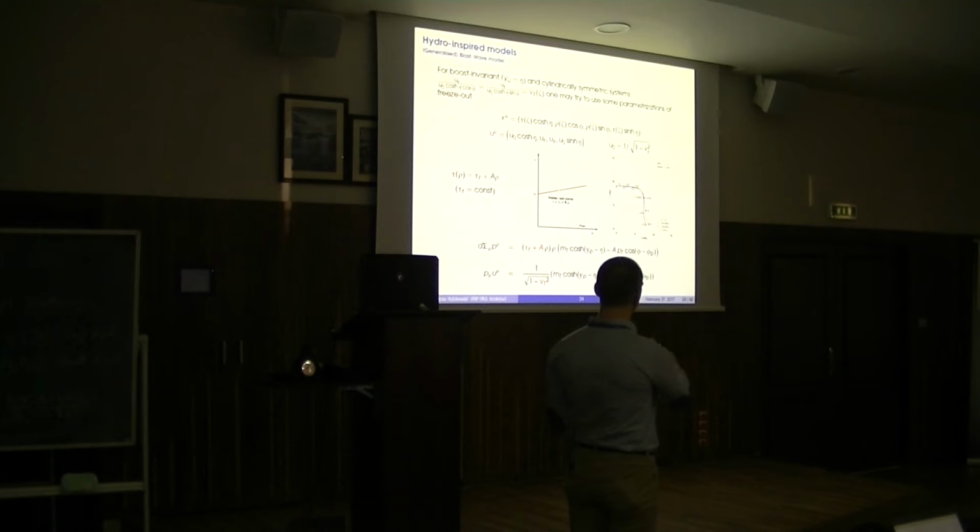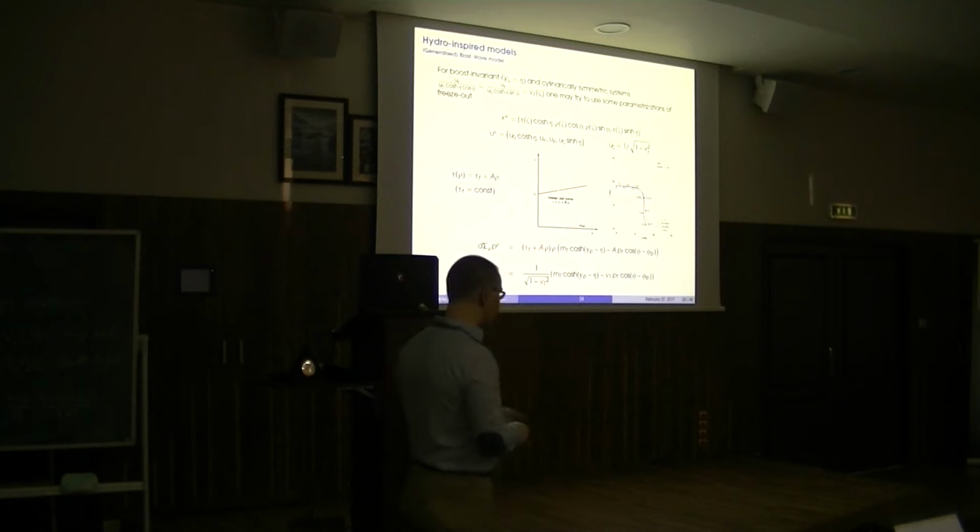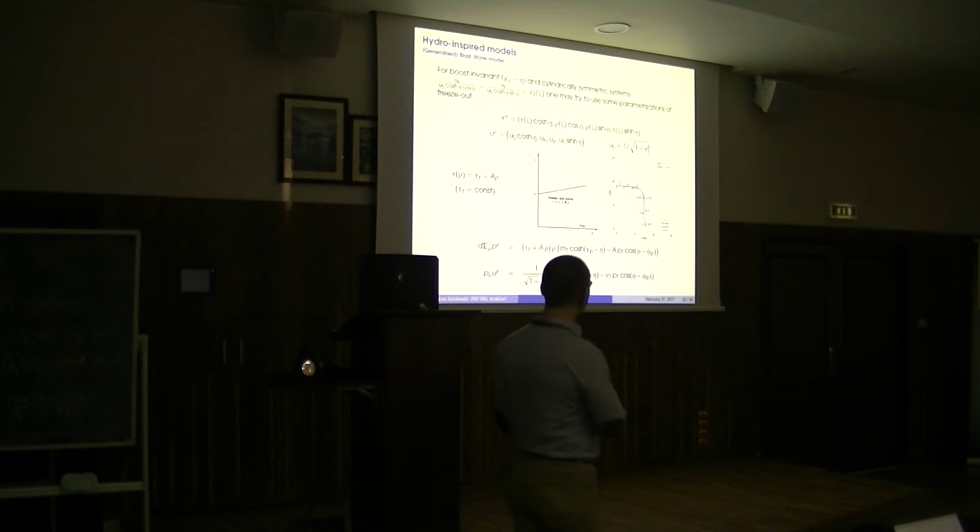So instead of getting this form of the freeze-out, you can try to parameterize it by, for example, assuming that the proper time here is more or less flat, so it's just a line as a function of the transverse coordinate. And actually this was done many times in different models.